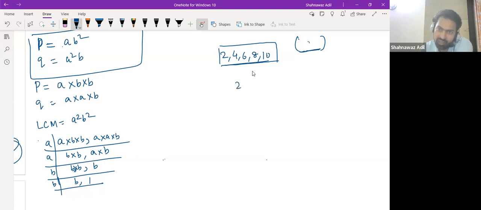Can this 10 divide this 2? No. The number would be larger than these numbers, right? Whenever we are calculating the larger numbers, then what do we take?